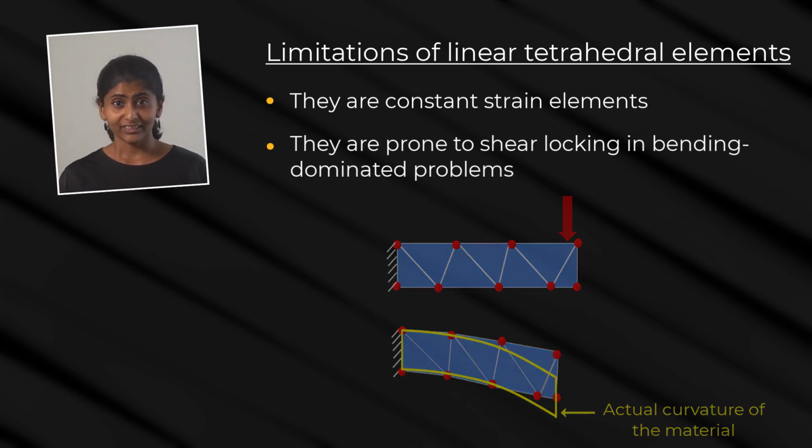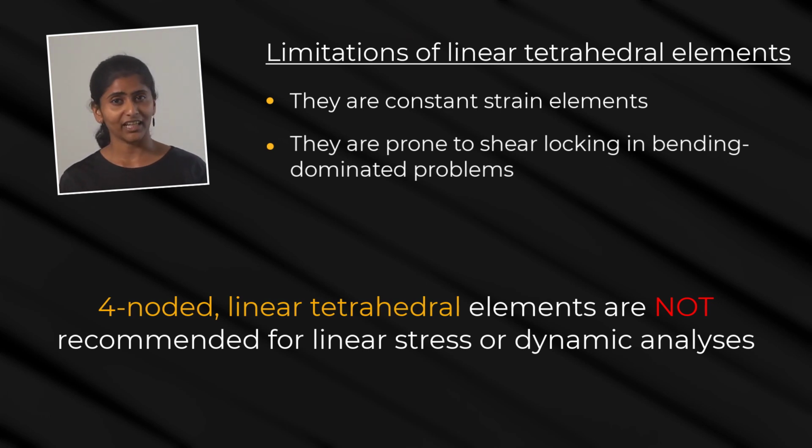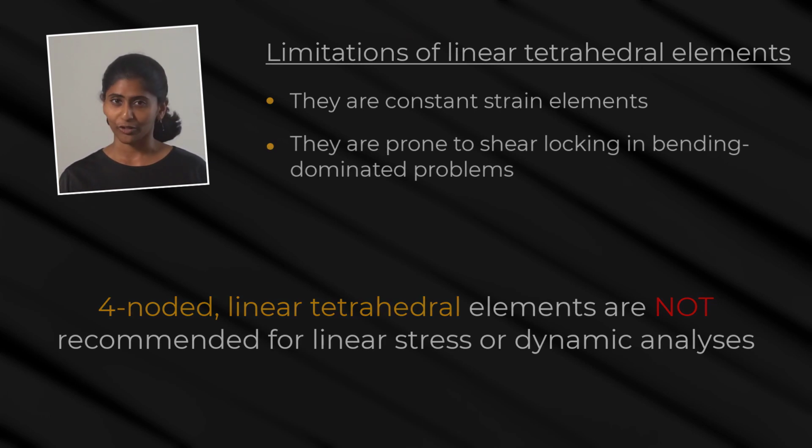Due to these reasons, regular lower order or 4-noded tetrahedral elements are never recommended for linear stress or dynamic analyses of solids. Linear 8-noded hexahedral elements do not suffer from these issues, so they are a good alternative to 4-noded tetrahedral elements. Hence, if our choice was limited to lower order elements, then linear hexahedral elements are fine, but linear tetrahedral elements should be avoided.